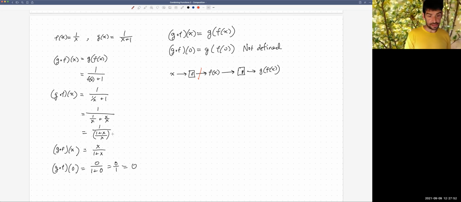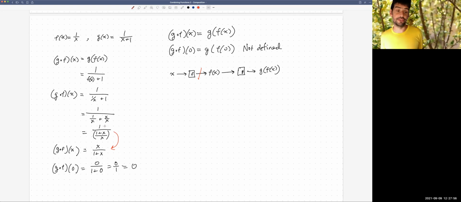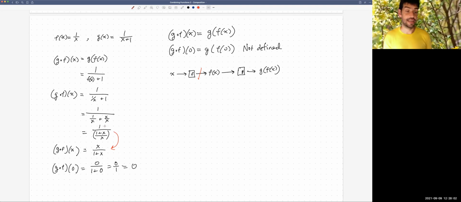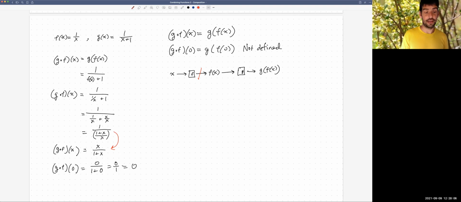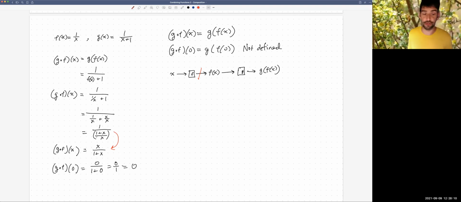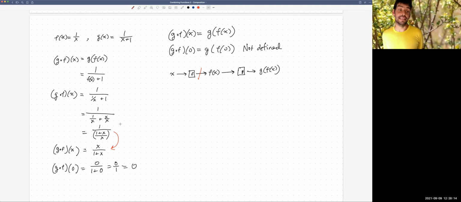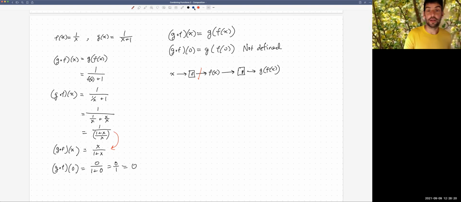What happened was in this step right here, 1 over a number is the reciprocal of that number, right? That's true, except when that number is not defined, because if you look at the number when x is 0, this isn't a number. 1 plus 0 over 0 is not a number, so a non-number doesn't have a reciprocal, right? So this was a nonsense step in the case that x was equal to 0, which is exactly the case we ended up being interested in, right?